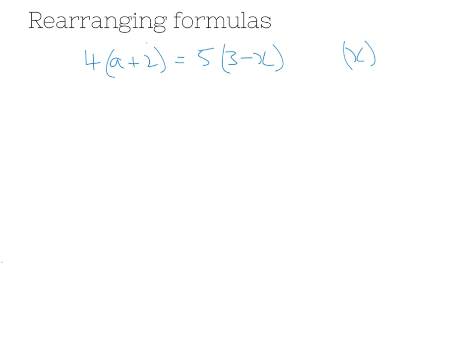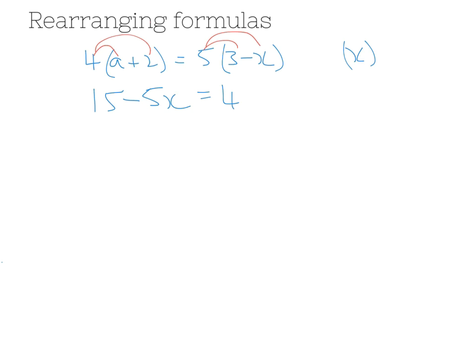This is not a standard formula in science. It's just an example where we need to get x by itself. So we're told here that we need to get the formula rewritten so it's in the form x equals. We note that x is on the right hand side again. So we'll just swap sides of the equation, but we may as well expand the brackets at the same time. So we're going to go 5 times 3 is 15, and 5 times negative x is minus 5x. From the other side, 4 times a and 4 times 2.